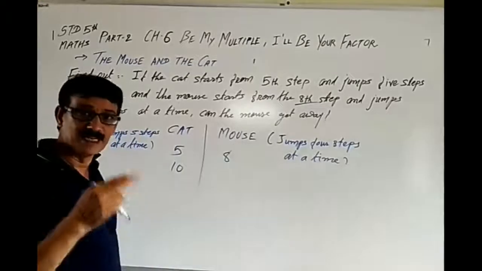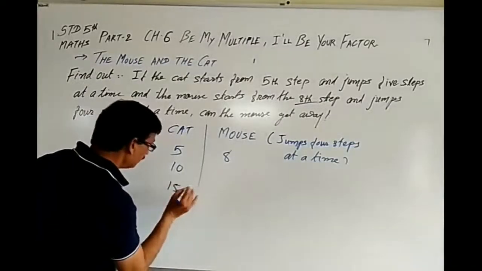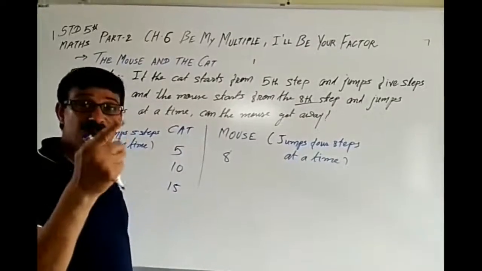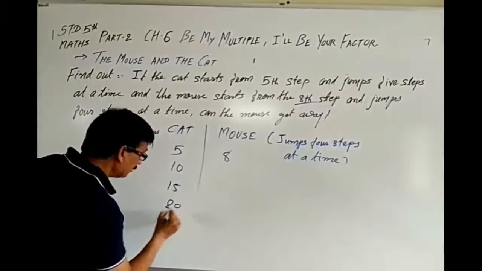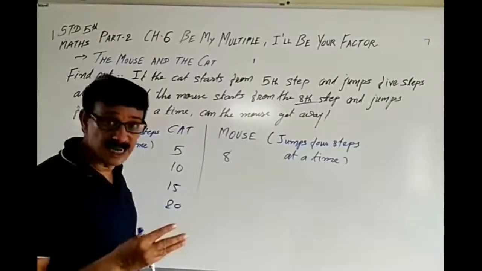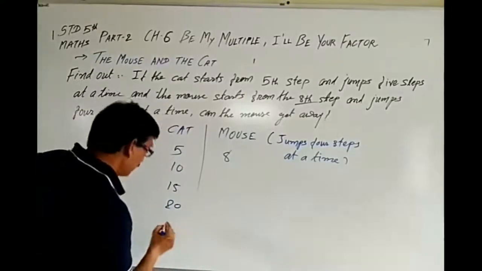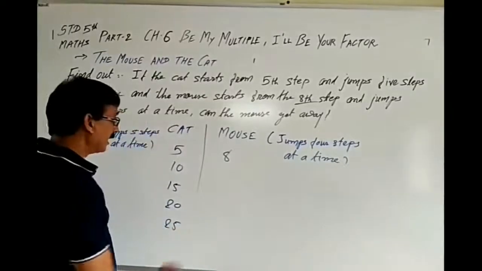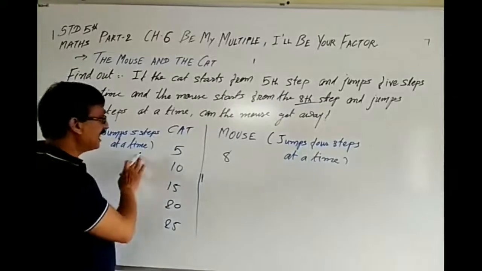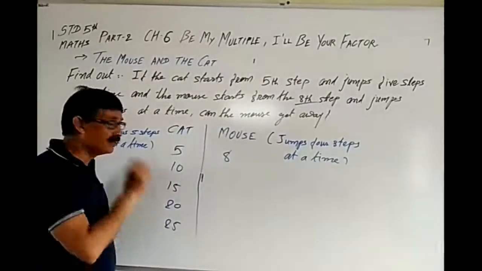The third step, 5 threes are 15. The fourth step, 5 fours are 20. The fifth step, 5 fives are 25. Like this you should go. So the cat will be on the steps number 5, 10, 15, 20, 25.